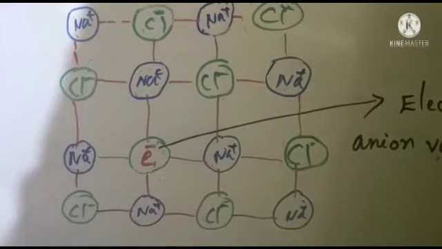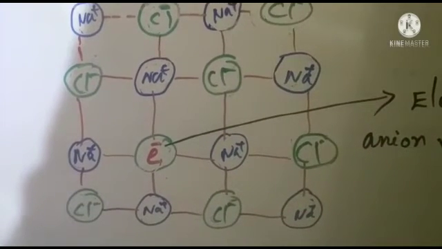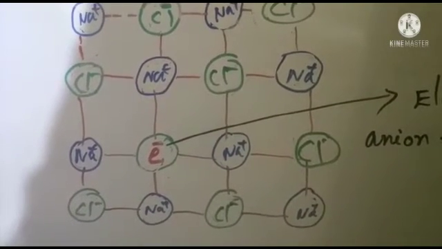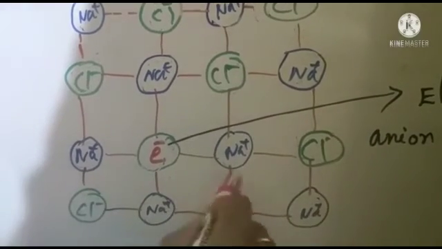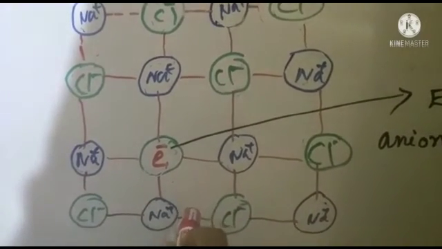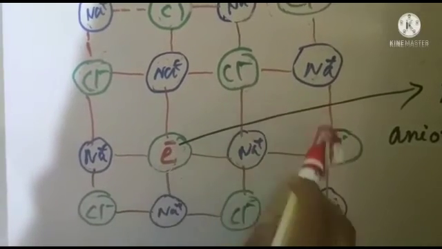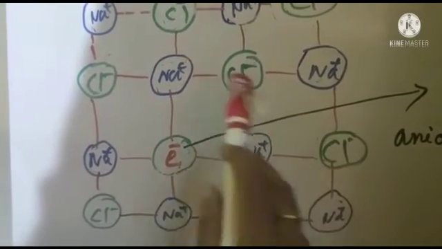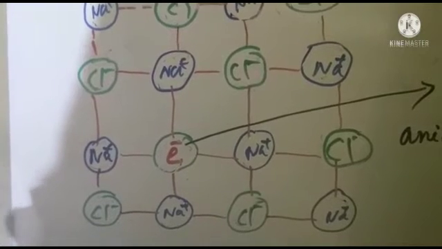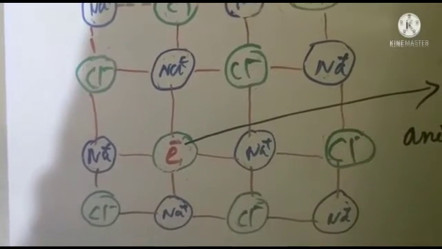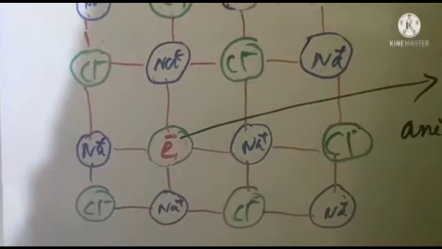When sodium chloride is heated in an atmosphere of sodium vapor, some more sodium atoms are deposited on the surface of the crystal. The chloride ions from the bulk then diffuse to the surface and combine with the sodium atoms, which become ionized by losing electrons.